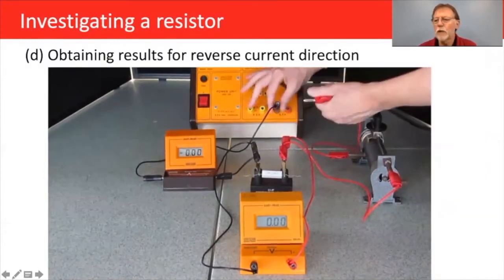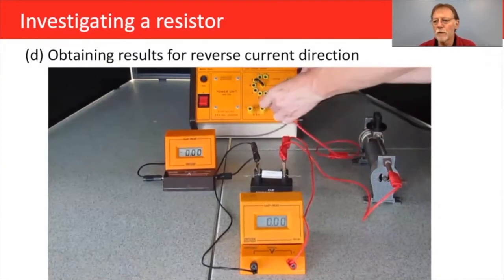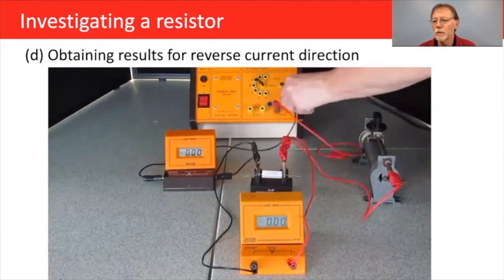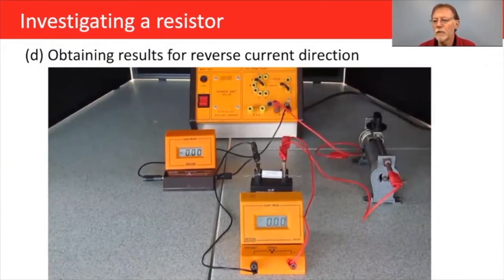If your exam board requires students to know about and plot results for current in the reverse direction, the easiest way to achieve the results is by reversing the connections to the power supply.